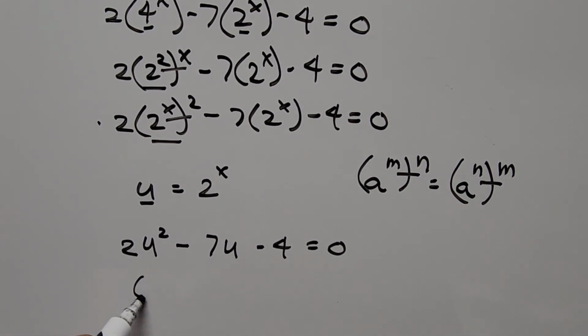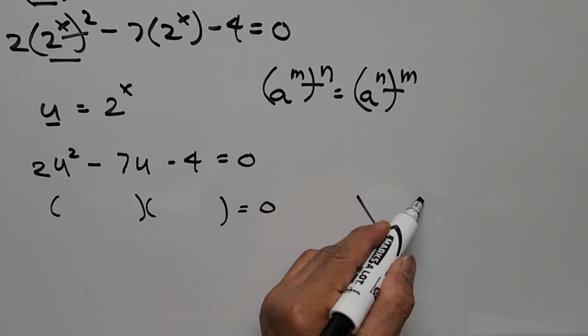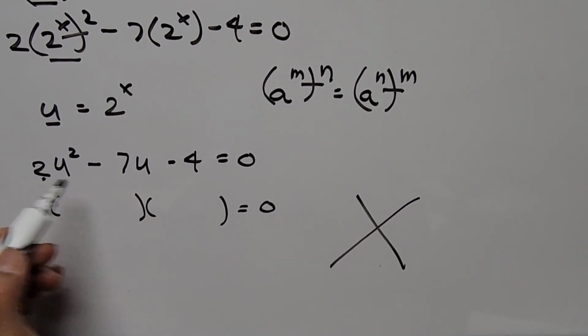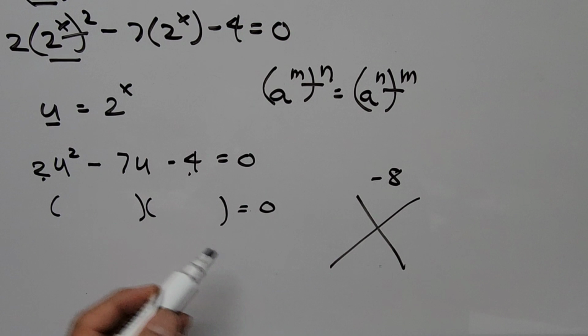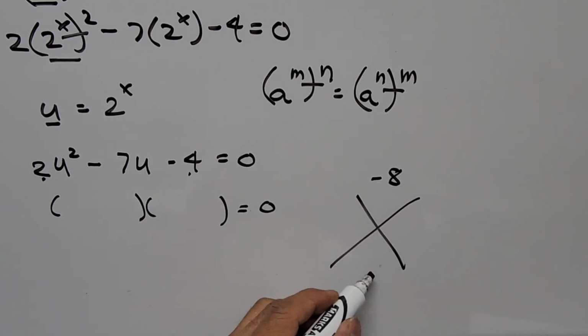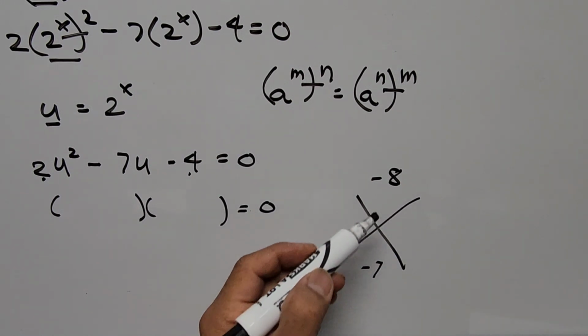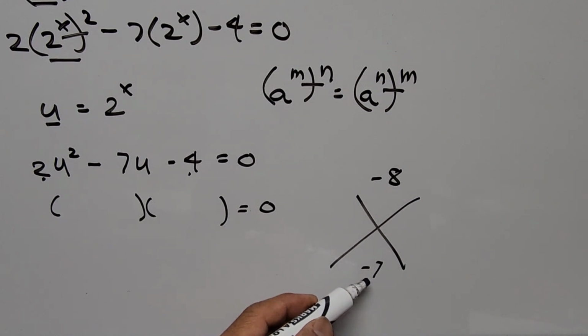So we set up 2 sets of parentheses, equating both factors to 0. From here, we have 2 times negative 4, that is negative 8. And on the bottom is the coefficient of the second term, that's negative 7. So this setup asks: what are the factors of negative 8 that will add up to negative 7?